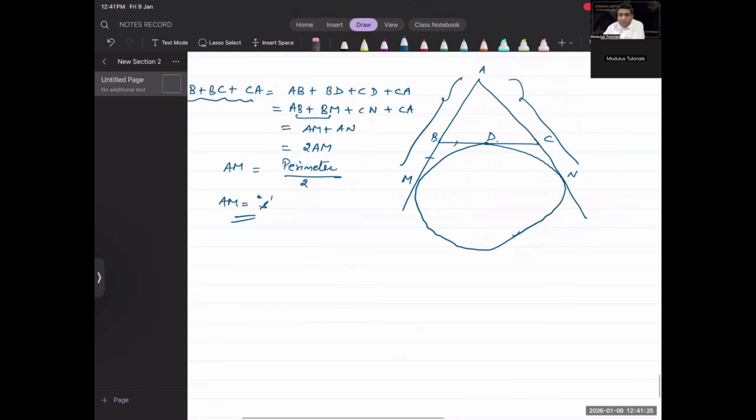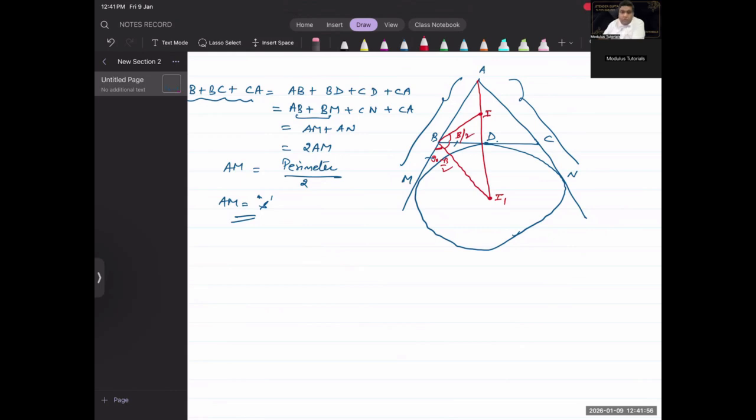Now let me do a bit of basic geometry in this. So guys, now I can erase or let it be. This is what we have: I1, this is I. This is 90 minus B by 2, this is 90 minus B by 2, and this is B by 2.